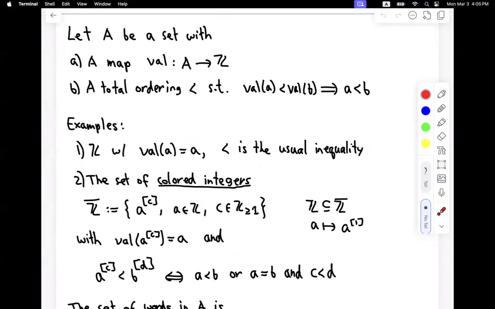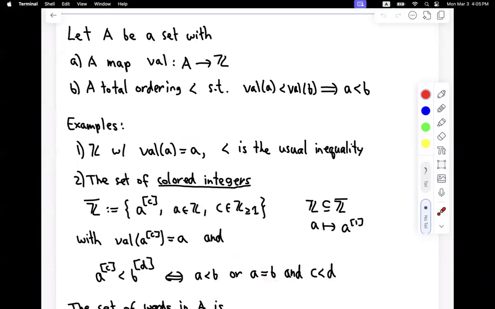The second one is the set of colored integers. We'll call it Z bar. It's just the set of all integers a where I give it a color c. So a is any integer, and c, we're going to say, is a positive integer. The value of a colored integer is just the integer at the bottom. The inequality is that you look first at the values, and then next you look at the colors.